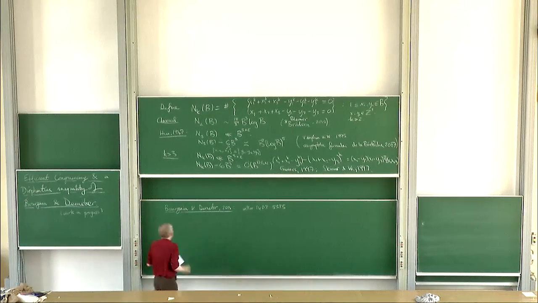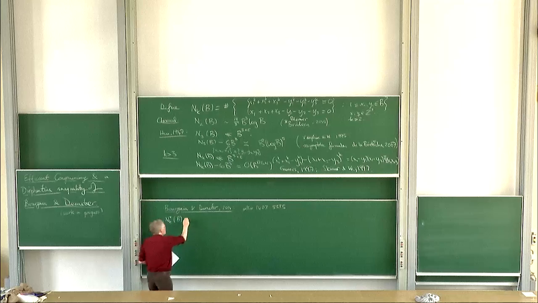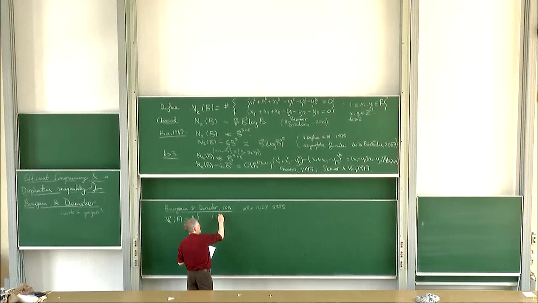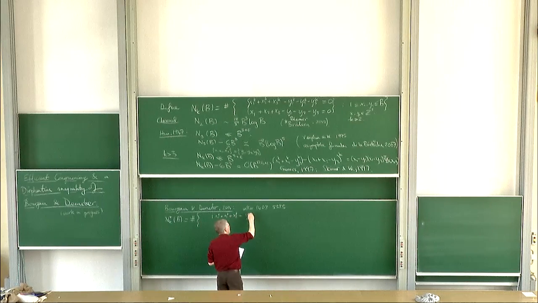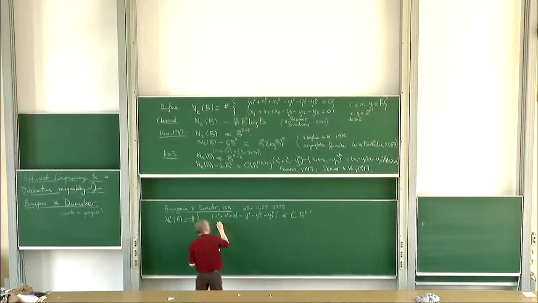Let me define a modification of the counting function which we were just looking at. Now, instead of having these two equations, I'm going to replace one of them by an inequality. And the inequality certainly contains the solutions that we were just looking at. I'll say a little bit more about the terms appearing here in just a moment.